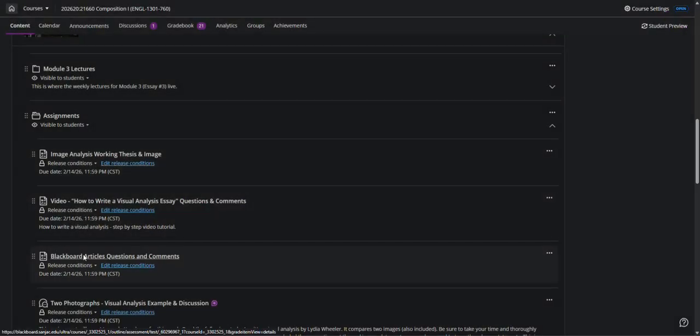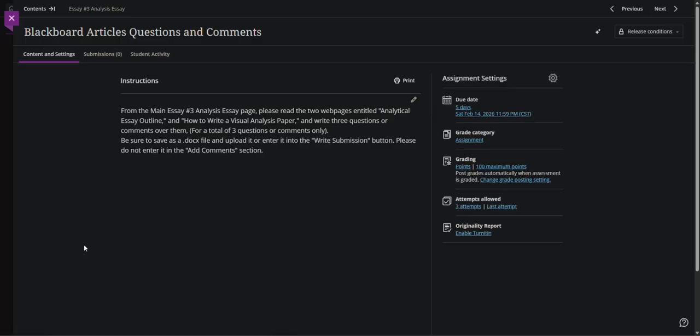Third assignment, it's called Blackboard Articles. So it's asking you to look at the 2 web pages that we looked at earlier, the analytical essay outline, which didn't show up right now. If it doesn't show up for the rest of the week, if it's gone forever, it was there earlier today. I don't know what's going on with it. Like I said, I think they were having server maintenance.